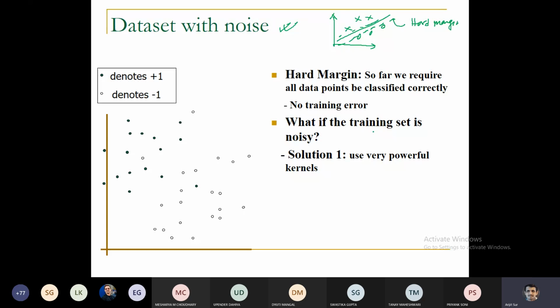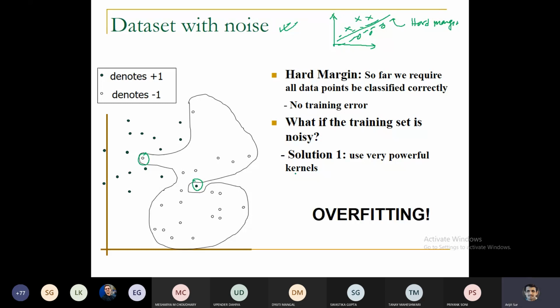But if the training set is noisy, then what? This function is not supposed to be there. The solution will use the very powerful kernel, which we will use later. So this is kind of a problem of overfitting.